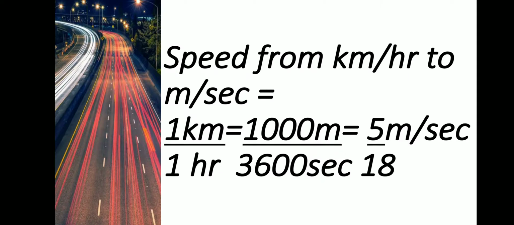Speed from kilometer per hour to meter per second. We are going to convert speed from kilometer per hour to meter per second. Now let us see here. 1 kilometer divided by 1 hour. Kilometer per hour means this only. Now 1 kilometer is equal to 1000 meter divided by 1 hour means 3600 seconds.